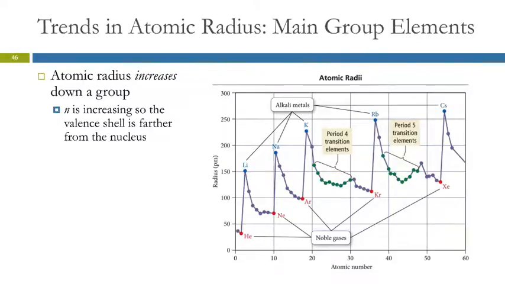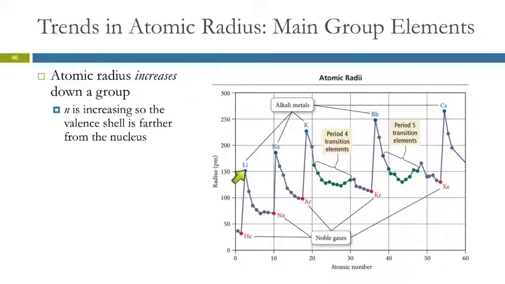So if we look at the trend in atomic radius, we see that as you go down in a group, the atomic radius increases. Let's look at lithium. What group in the periodic table is lithium in? It's in group 1.